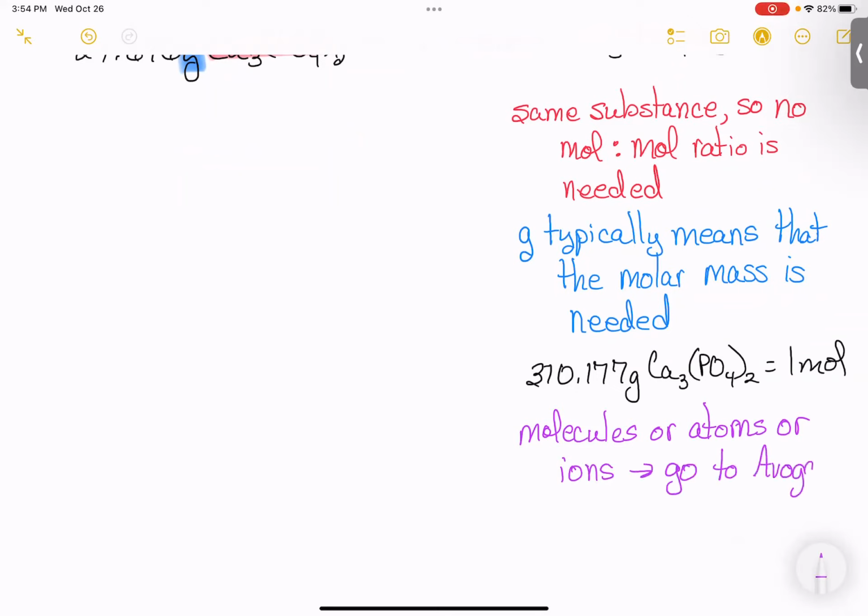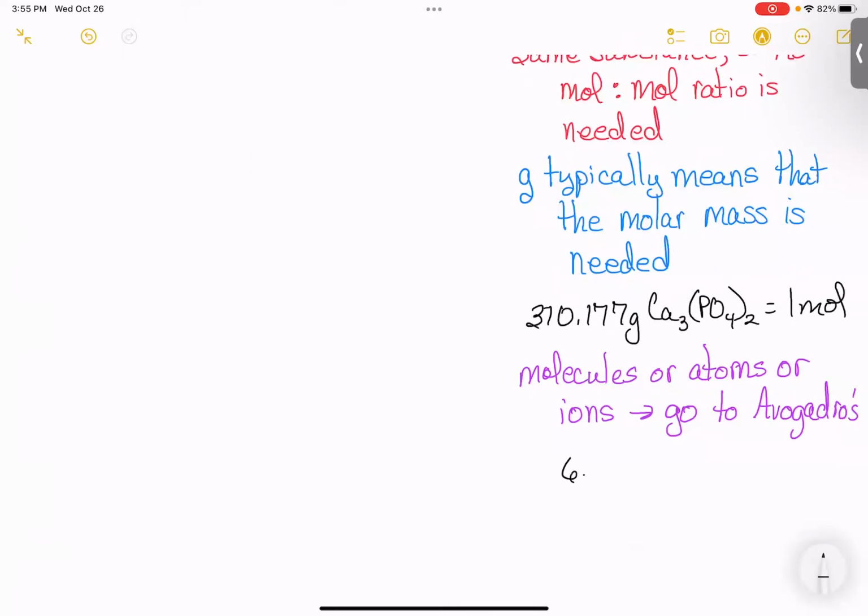So one of the conversion factors I am going to need is 6.022 times 10 to the 23rd of anything is equal to 1 mole of that thing.